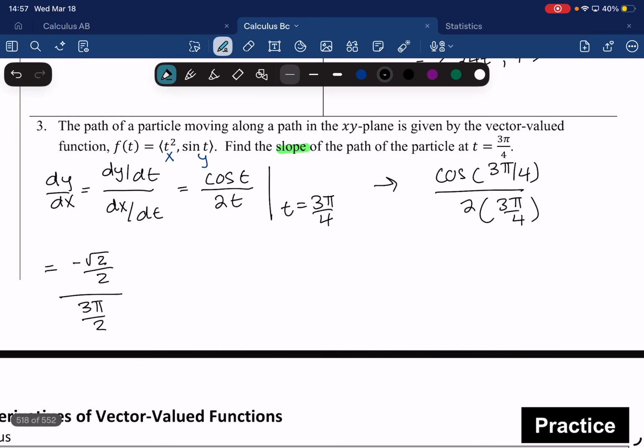And then I can simplify this because since I'm dividing two fractions, that's the same as multiplying by the reciprocal. So this is negative square root of 2 over 2 times 2 over 3 pi. The 2's cancel out, and I am left with negative square root of 2 over 3 pi, and that is my answer.